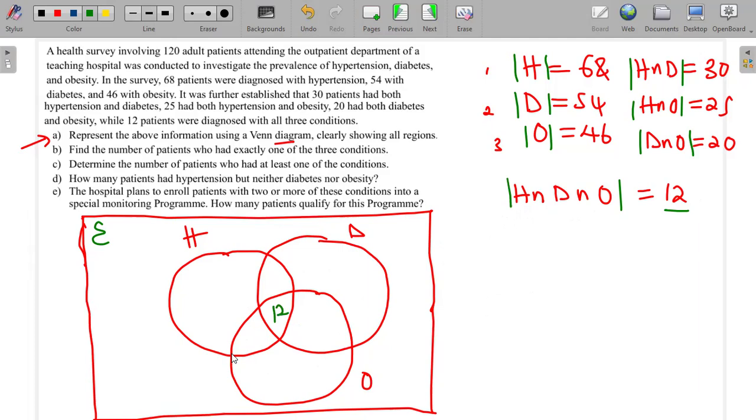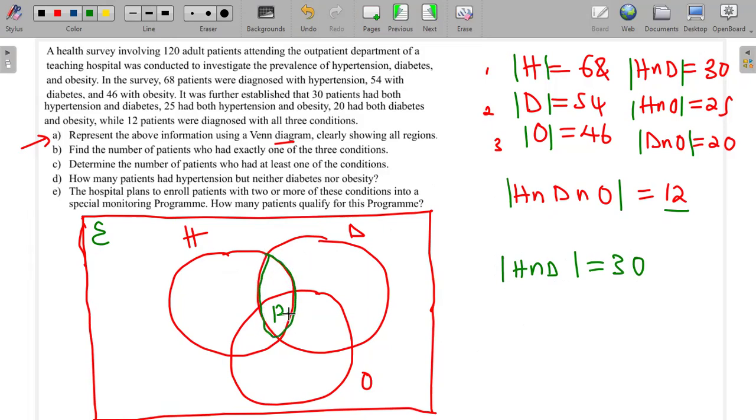And then now, before you write the intersection of H and D, or H and O, or D and O, you have to consider the number that you've been given. So remember here, for example, the number of people that had hypertension and diabetes, they were 30. But when you look at this Venn diagram, the intersection between hypertension and diabetes is actually this part, right?